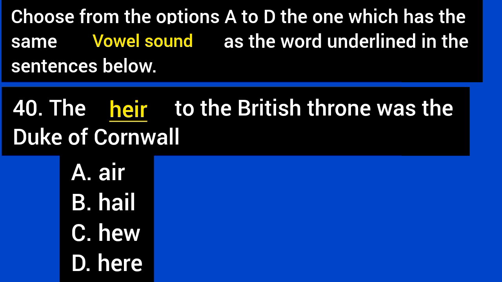Okay, so looking at this one, it's very easy. Especially if you know how to pronounce the word air, it's very easy for you to get the answer. So we have air, and then in A we have air. All right, so it's a perfect match. Okay, air and air. All right, hail is disqualified, because the vowel sound here is a.